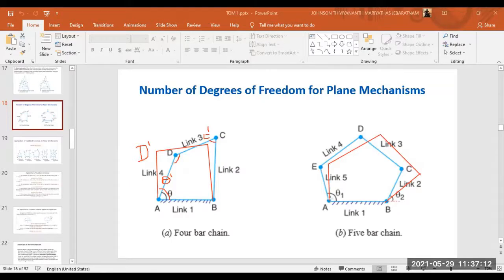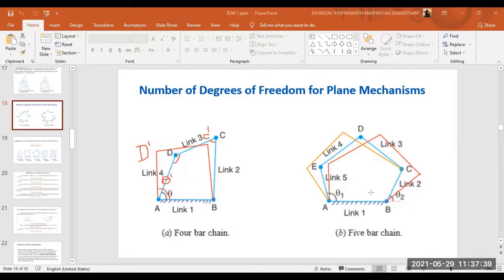So I will take this one outside, like this. So blue is the original position, orange can be one possibility, and dark green can be another possibility.